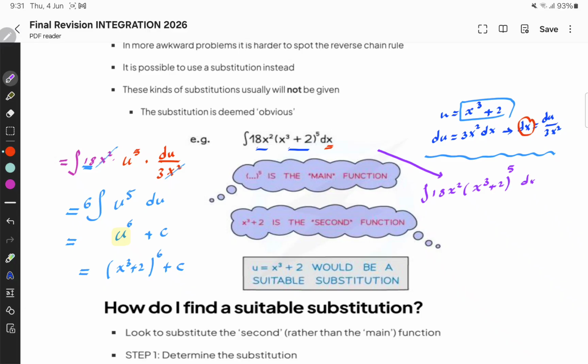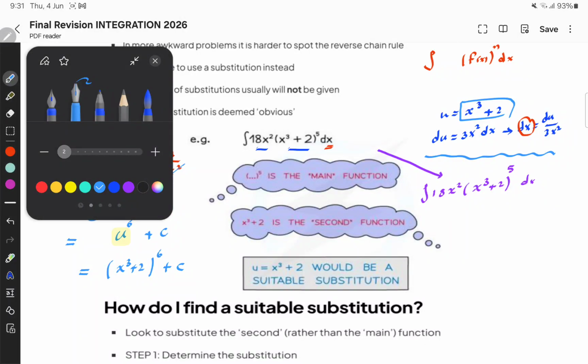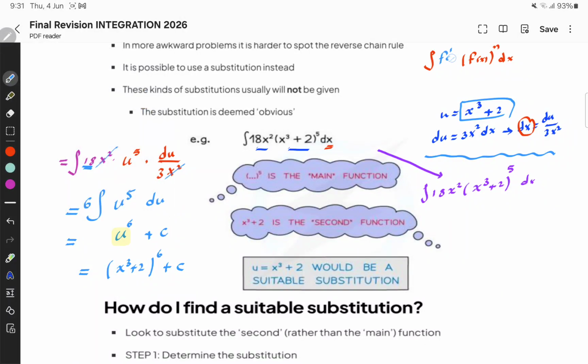I said, what is recognizing? It's a relationship always between f and f prime. So for example, if you have a simple bracket like that, integral of a bracket containing a nonlinear function of x raised to the power n with respect to x, if you have outside the derivative of that function, the integral will be the same bracket and we just add 1 to the power, then divide by the new power.